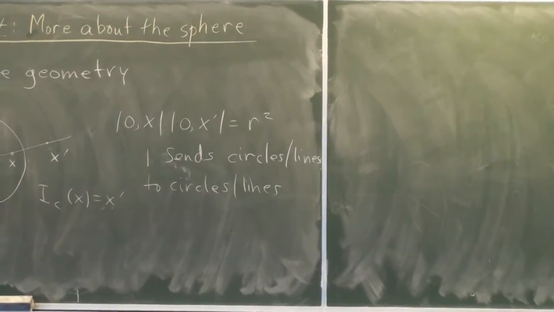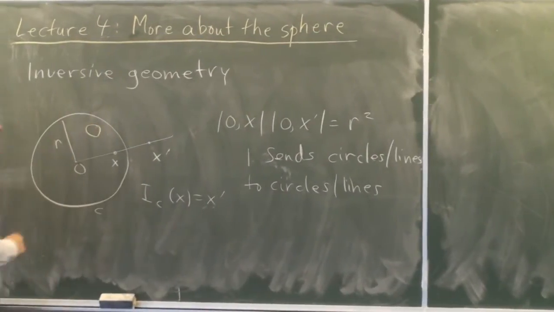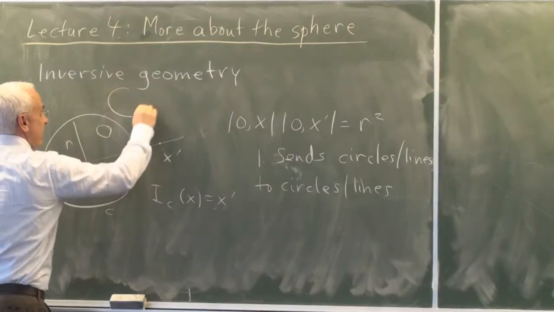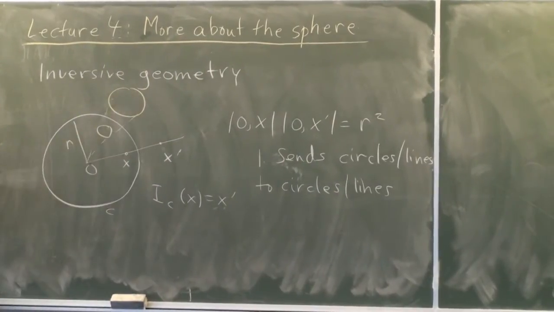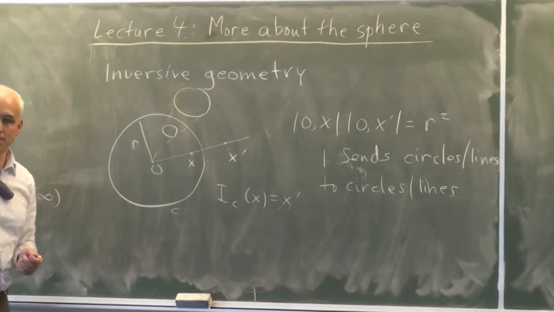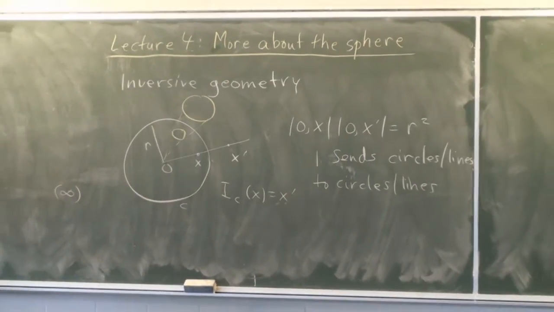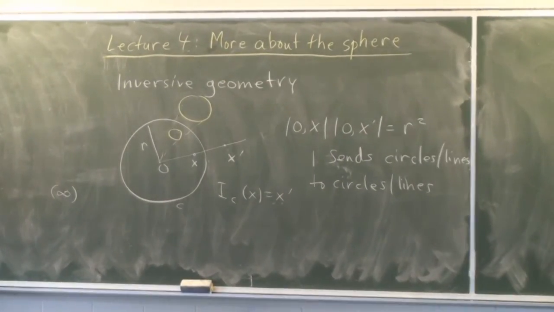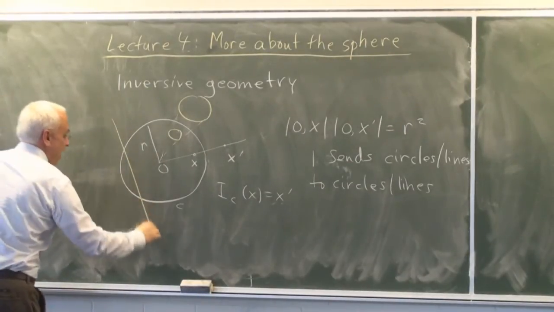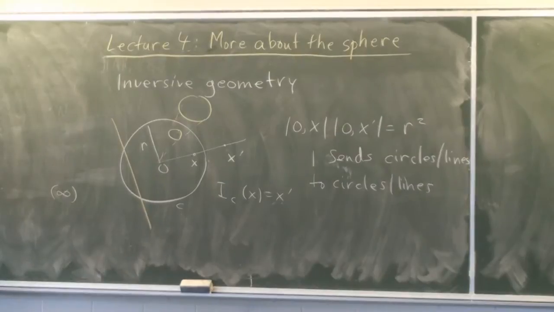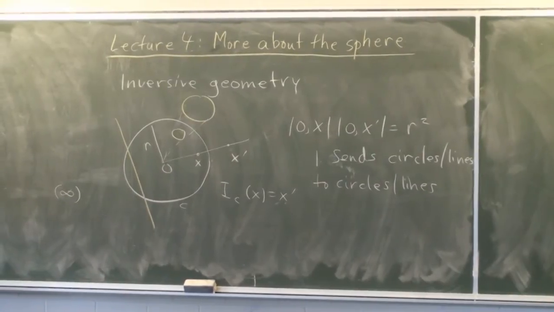So for example, if we had a little circle over here, then its image would be another circle. And if we have a line, say this one here, then its image is going to be also a circle.